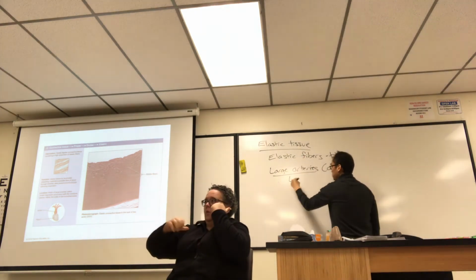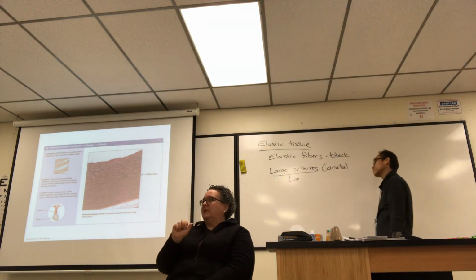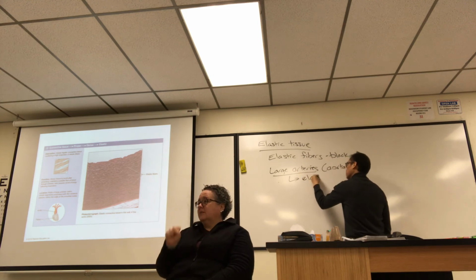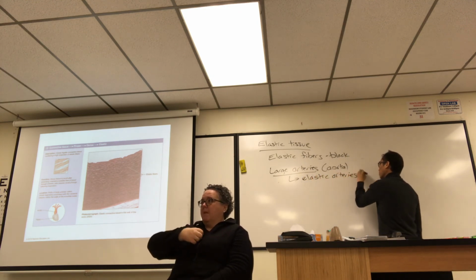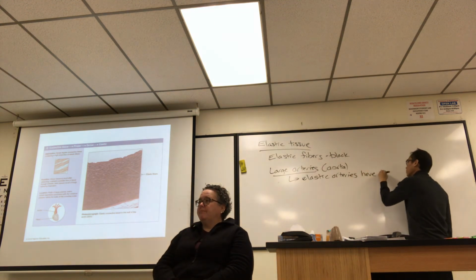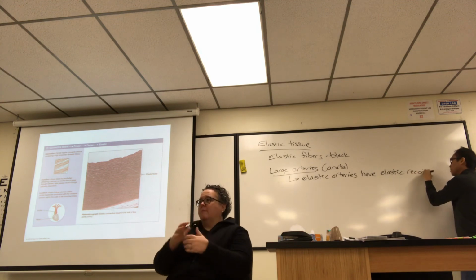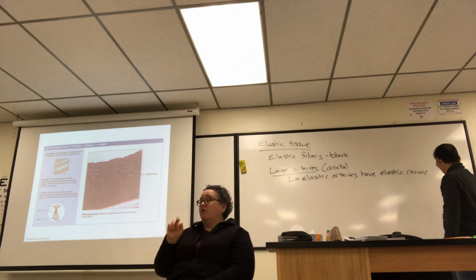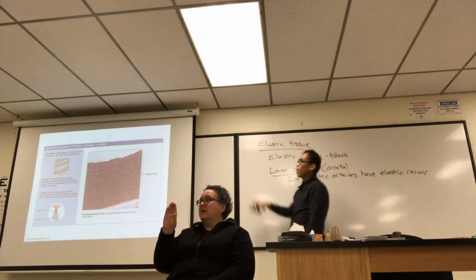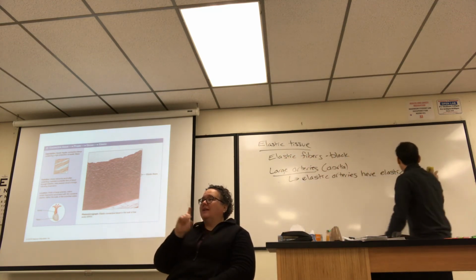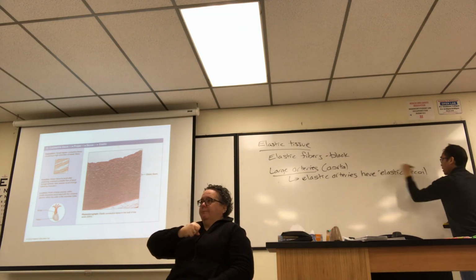In fact, the largest category of arteries are called elastic arteries. Elastic arteries have what's called elastic recoil while the heart is in diastole. That's the term, elastic recoil.